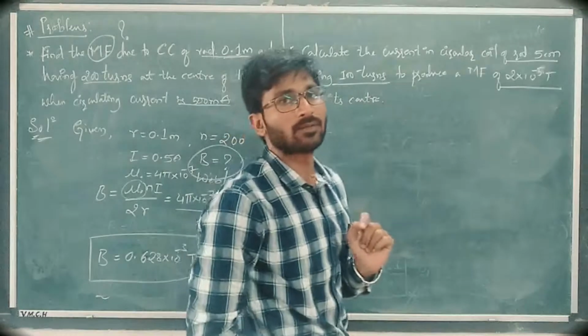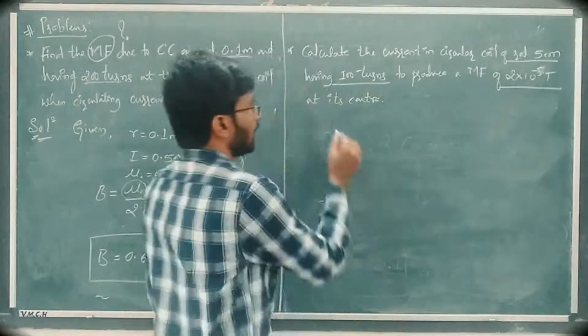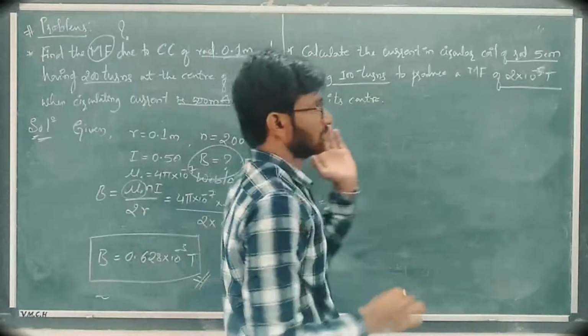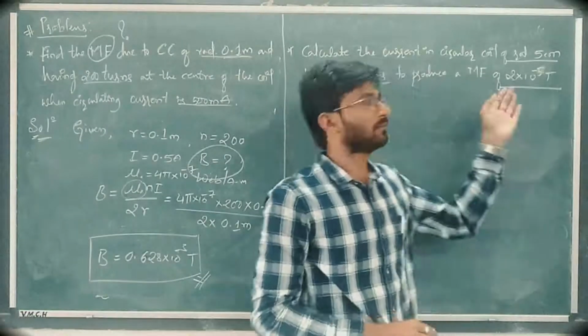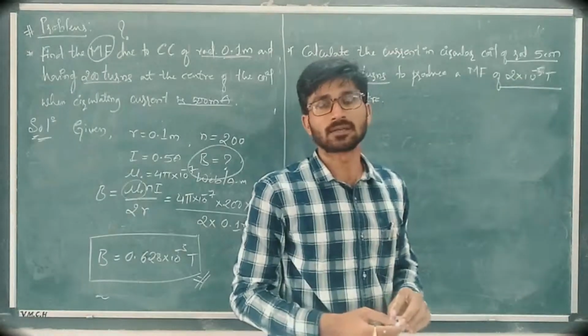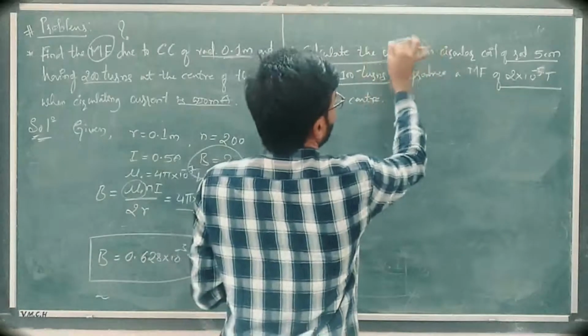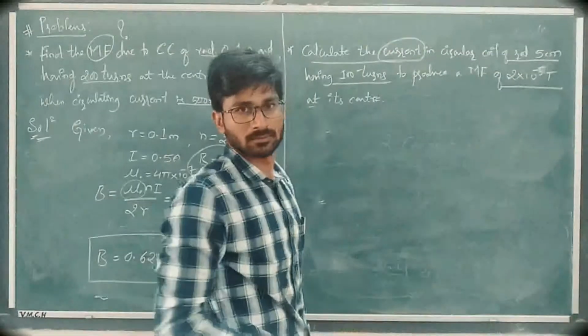At the center point, the magnetic field is given as 2 into 10 to the power minus 5 Tesla, and we are asked to find the current.